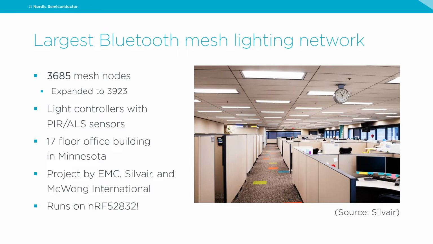The office is in Minnesota. It spans over 17 floors. And this project was done by EMC, which is a contractor. Silver is providing the software and software tools, and McVong International is a company that provides the light controllers. And this runs on the nRF52832.